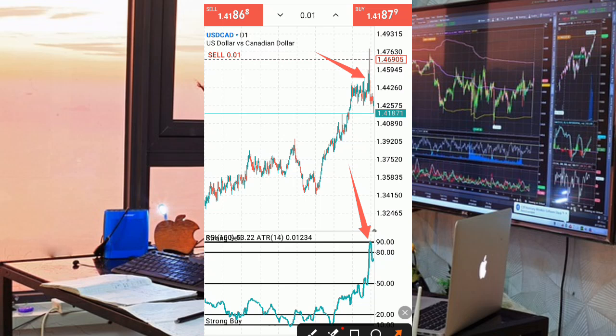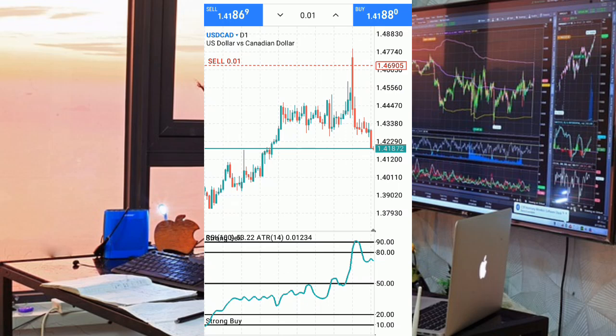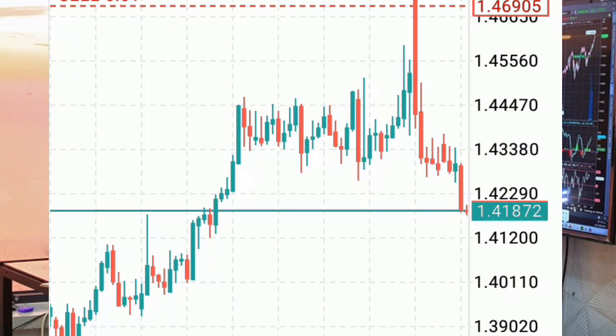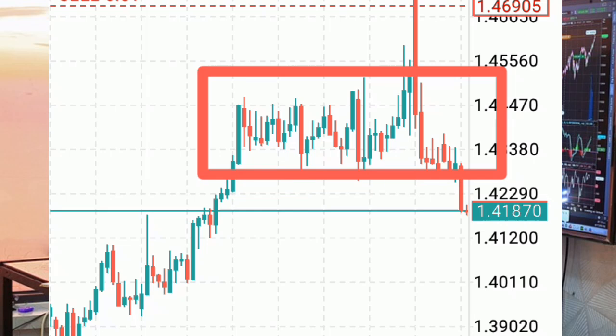But I always advise people that let's at least use the 80 line level. Why are we using the 80 line level? It's because of this. If you go up there checking on the 80 line level, you will realize that price began to range after it had passed the 80 line level.